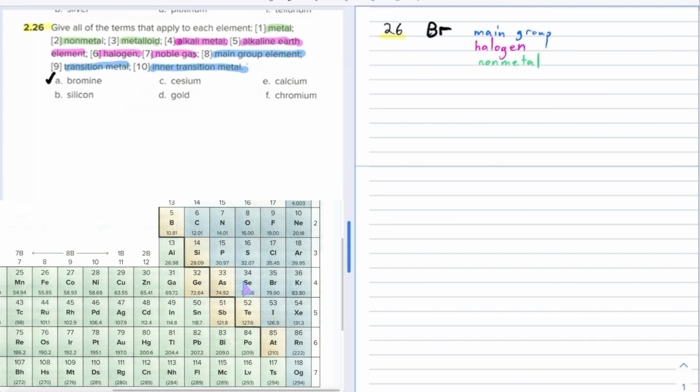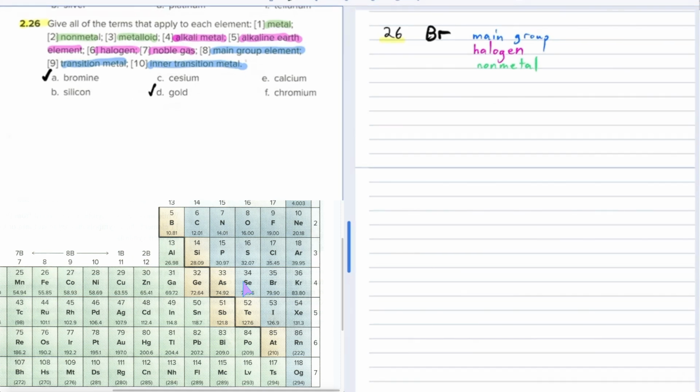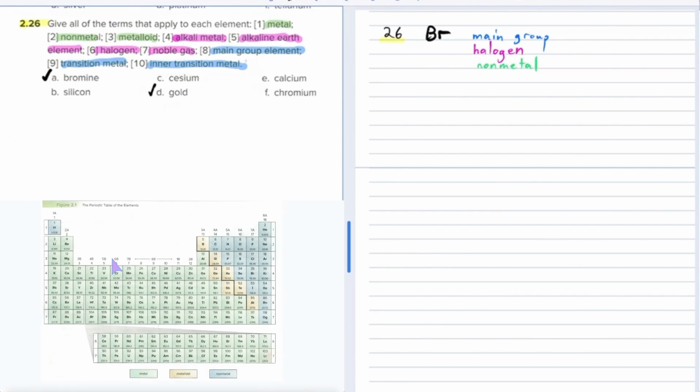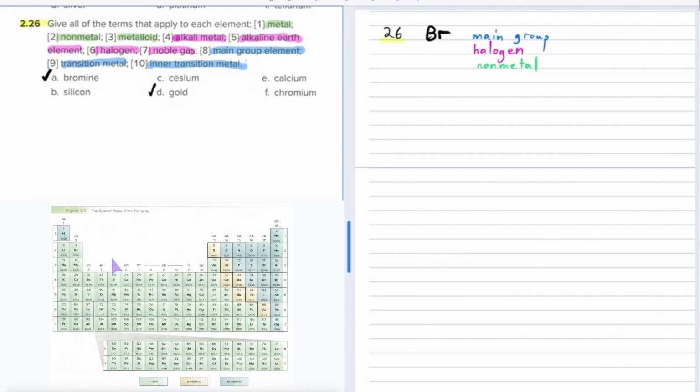Okay, so maybe a couple more. How about gold? Well, you're probably guessing that gold is a metal, and you'd be right. Is it a metal, nonmetal, or a metalloid? Well, gold is a metal.